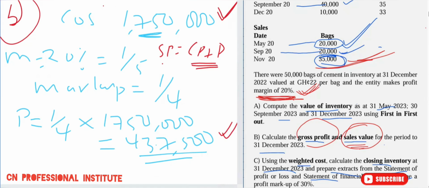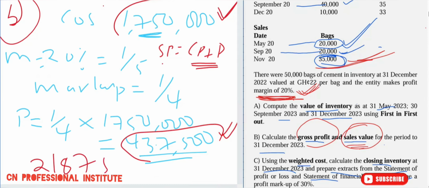437,500, right? So to get the sales value, you add your cost price to the profit. So you add this one here to this profit here, and then you get a total value of 2,187,500.